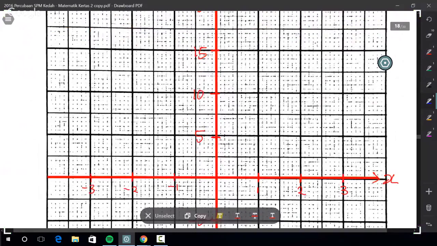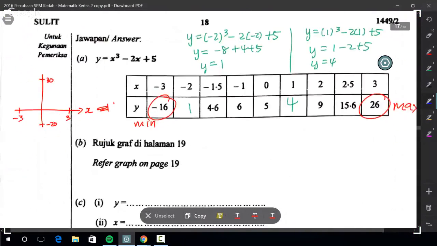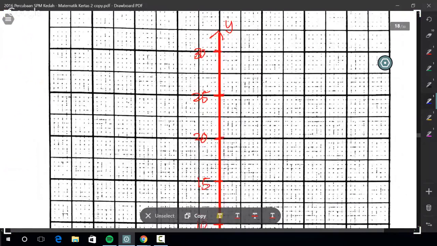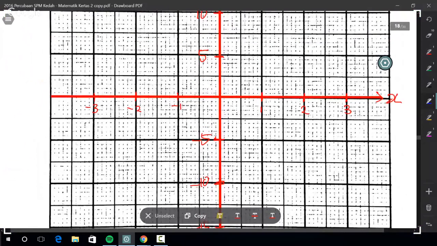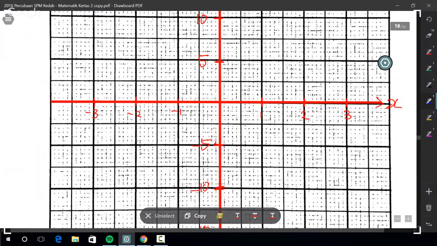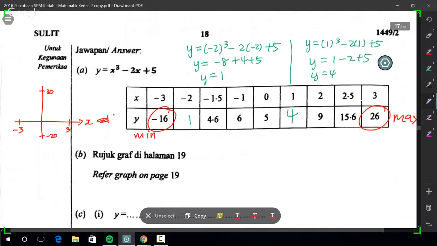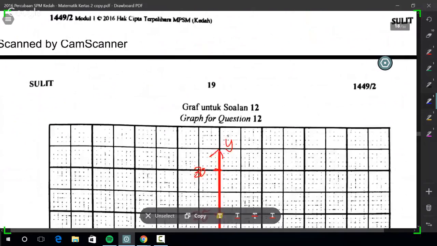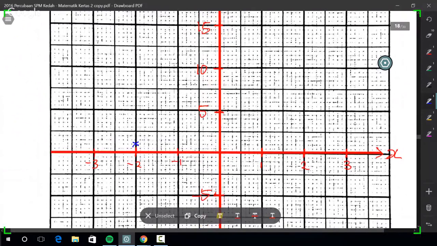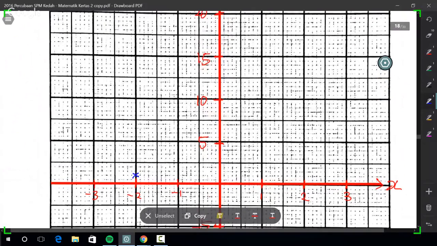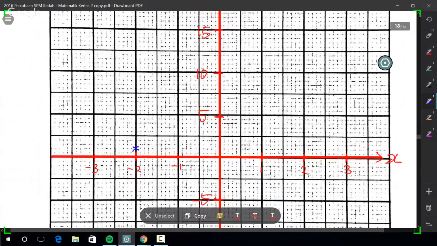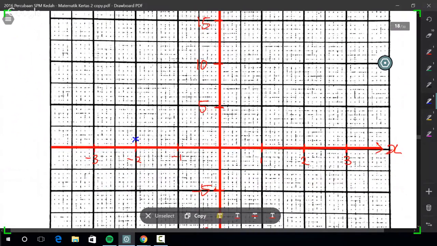All right. And then -2 is 1. -2, I will get 1. 1 is somewhere here. And then -1.5 is 4.6. Wow, 4.6. 4.5.